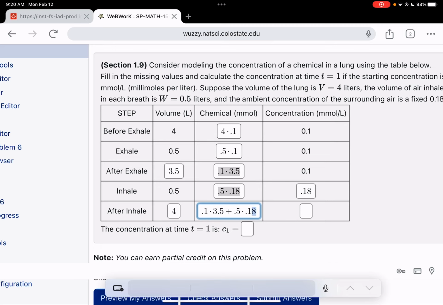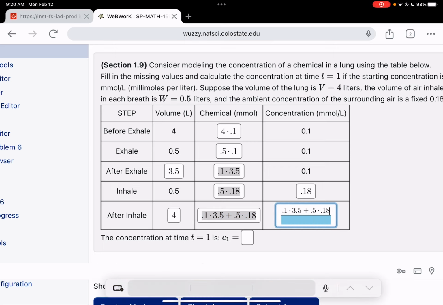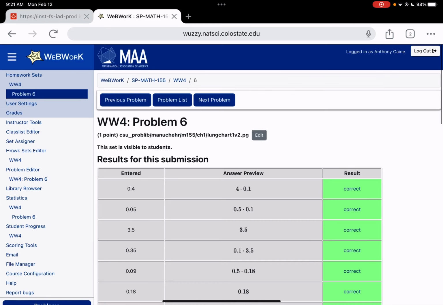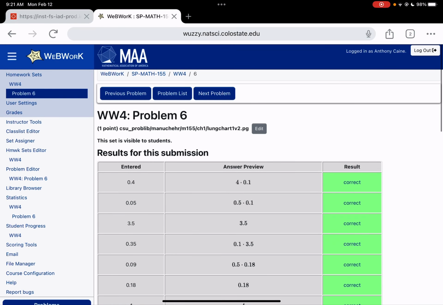So this is the amount of stuff in my lungs after this breath. The new concentration is the new amount of stuff divided by the volume of my lungs. So my new concentration after one breath is that. Great, there it is. Next.